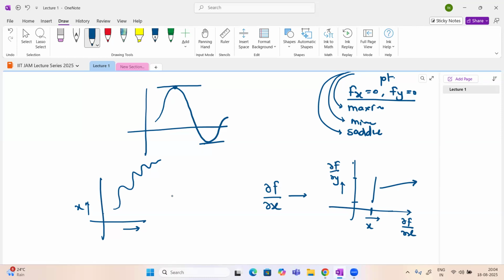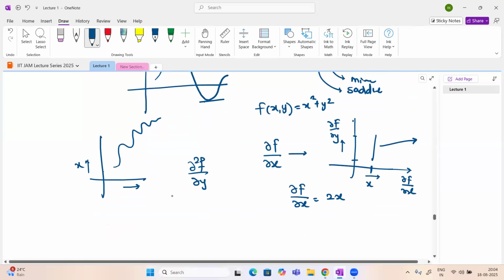And when you talk about second order partial derivative, what do we do? For example, suppose you have f of x, y equal to x square plus y square. What will be its derivative with respect to x? 2x. Yes, sir. It is again a function.